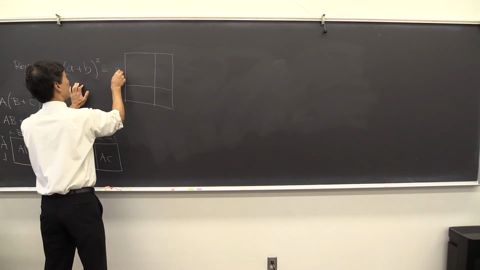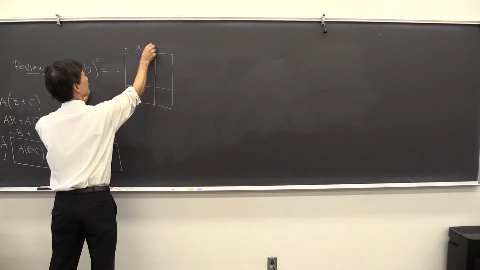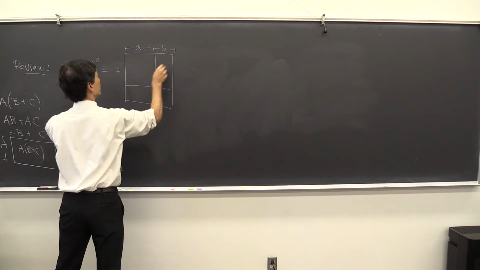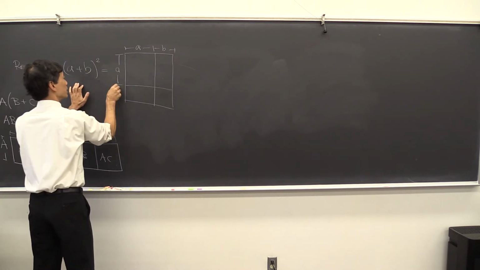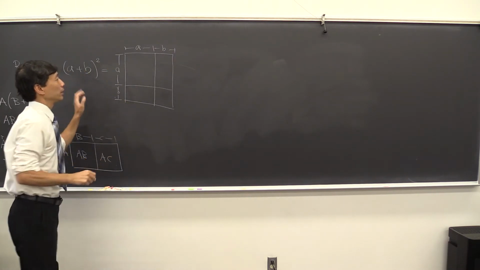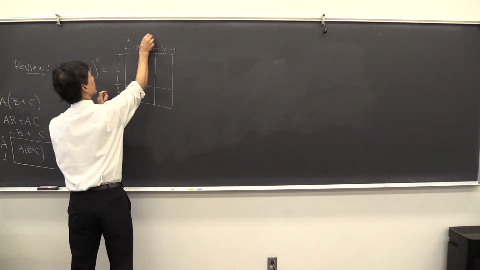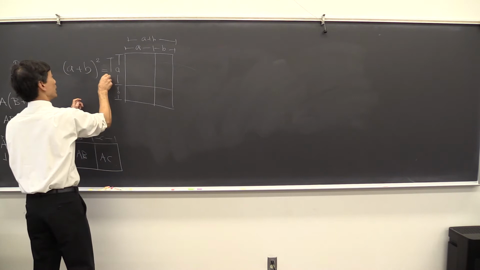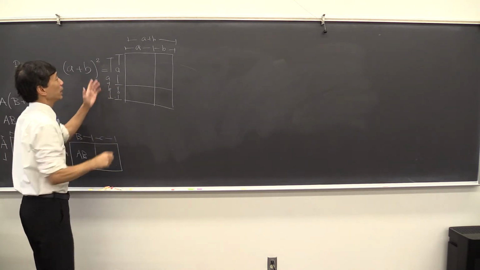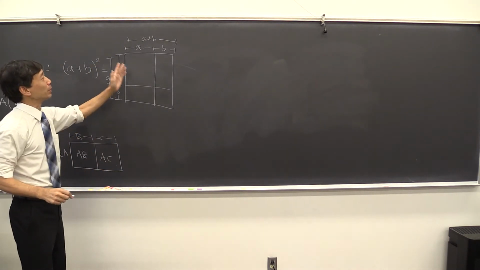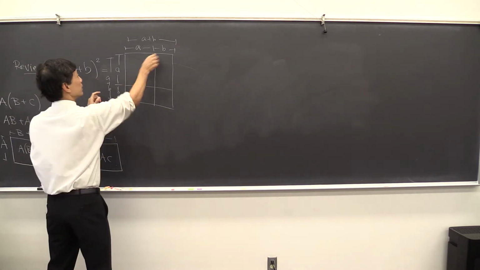You've got this length is A, this length is B, and A plus B, so this length is A plus B. This length is also A plus B. When you multiply A plus B times A plus B, what do you get? Well, you get this total area.